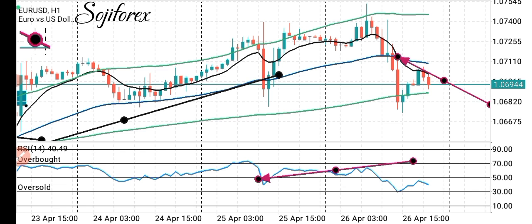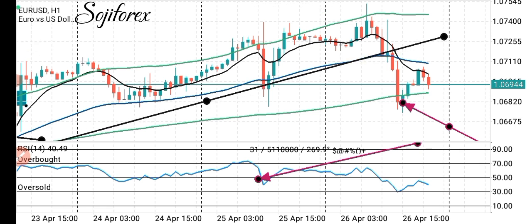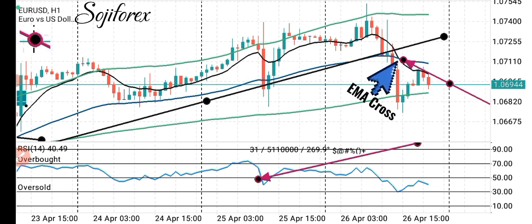Then here we have another scenario. If we connect our trend line, it will still be up to this point. So look at what happened. Here now we have a cross of this moving average.